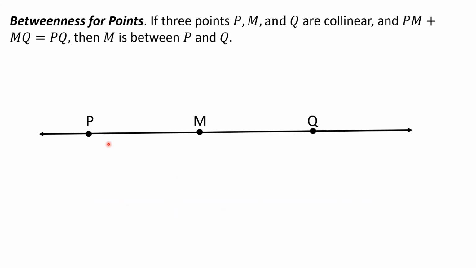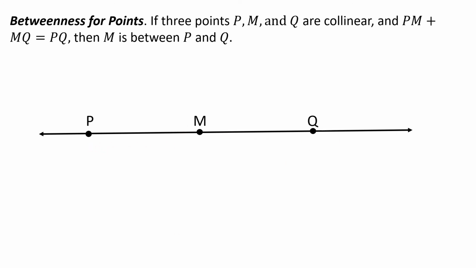Okay, next we have betweenness for points. If 3 points P, M, Q are collinear, meaning these 3 points lie on the same line, and segment PM plus segment MQ is equal to segment PQ.